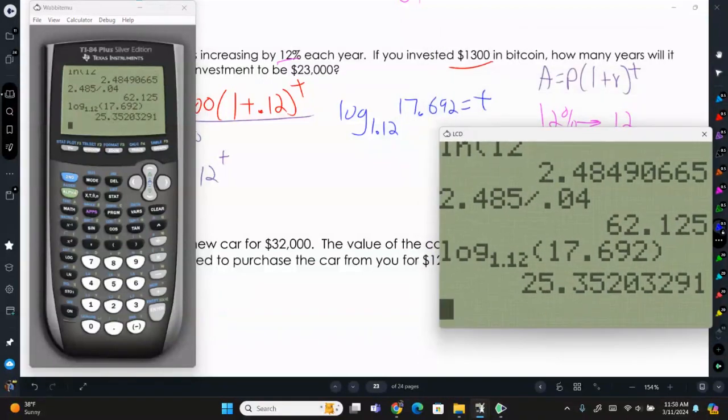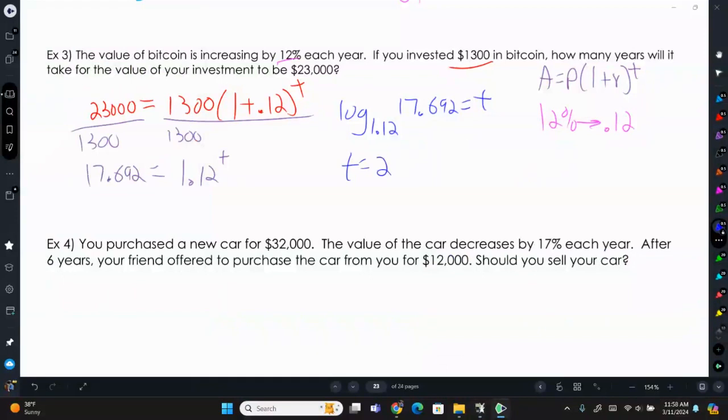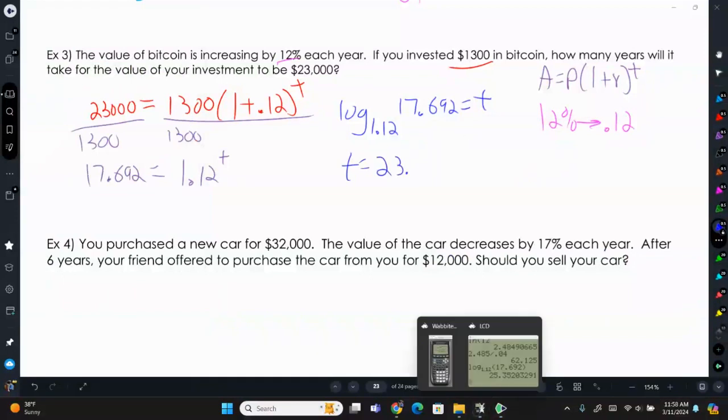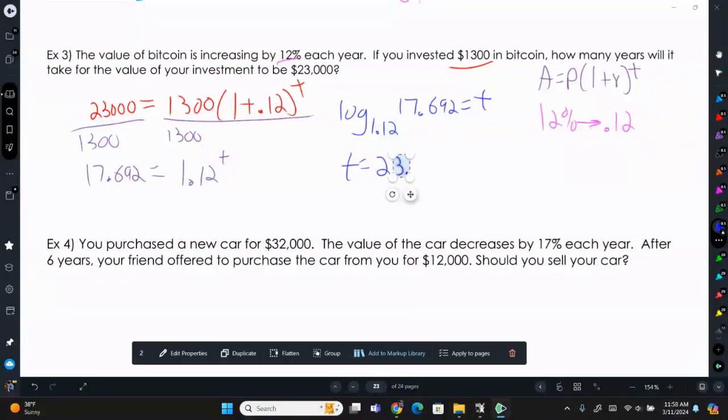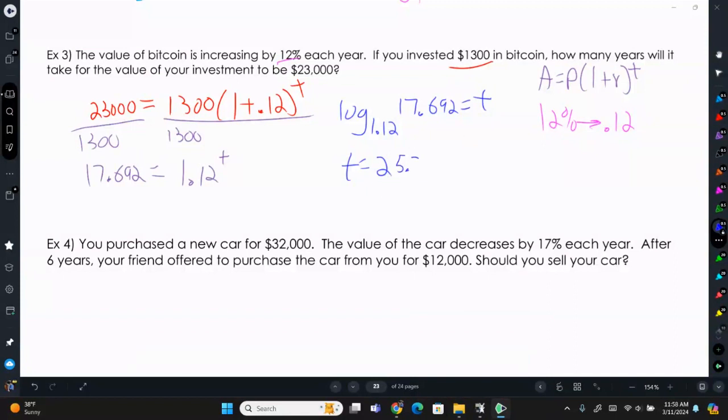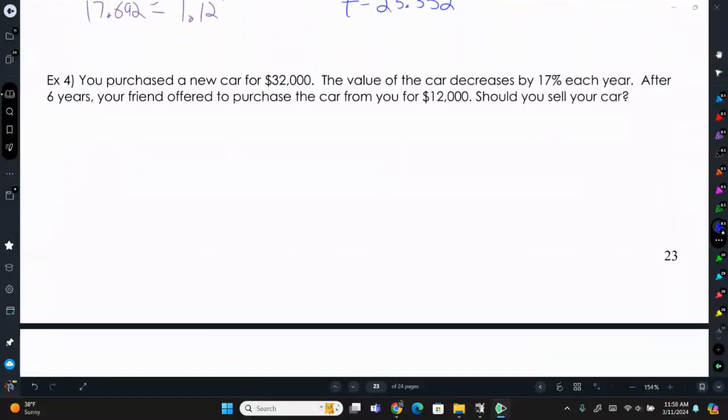So our answer is 25.352. So it'll take that many years to go from 1,300 to 23,000.